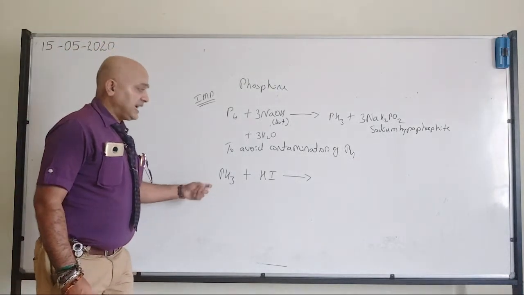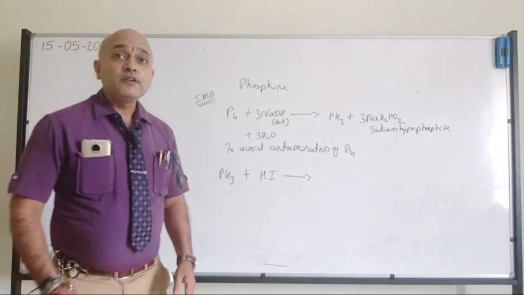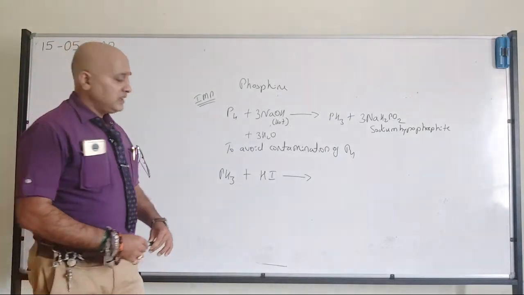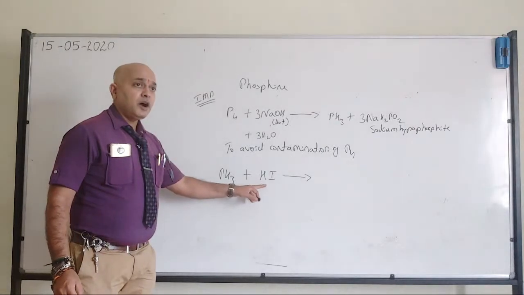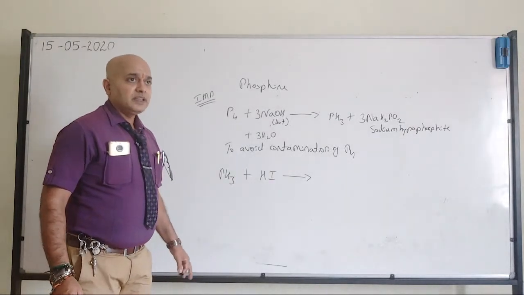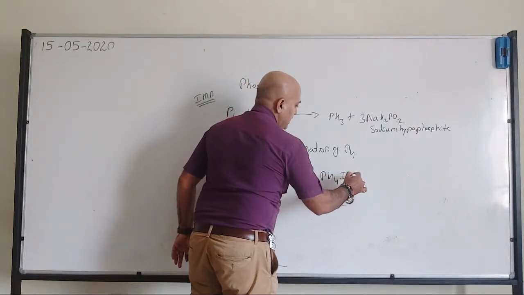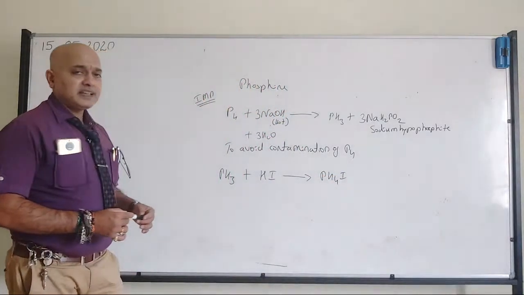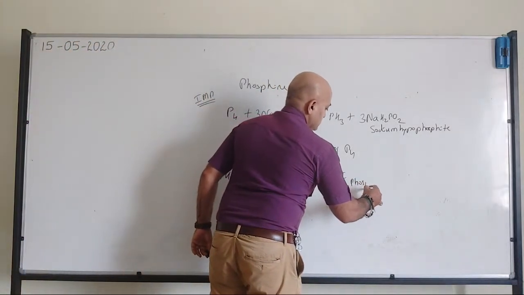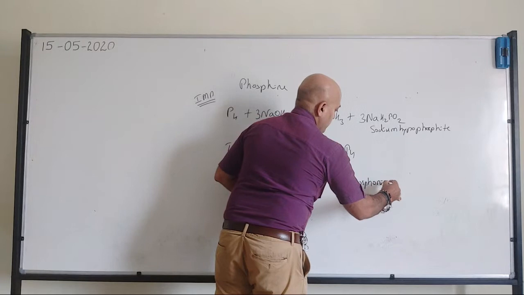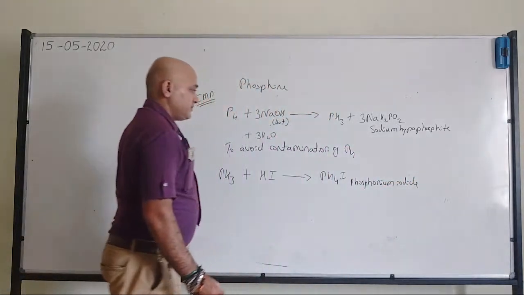If ammonia would have been there, we should have got ammonium iodide, right? So here also we will get phosphonium iodide, PH4I. So that's where we have the phosphonium iodide as the product.